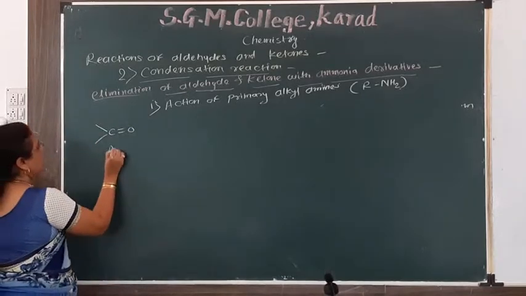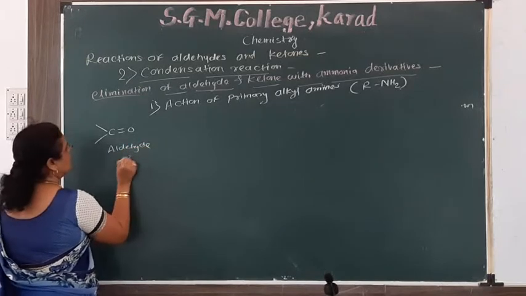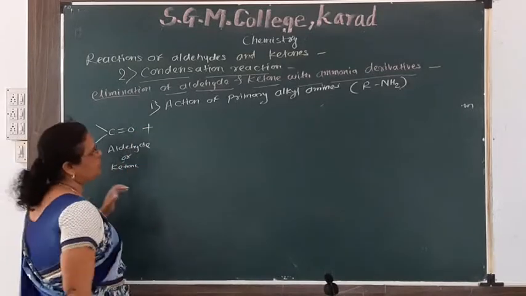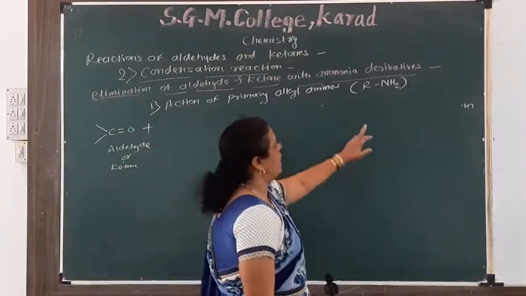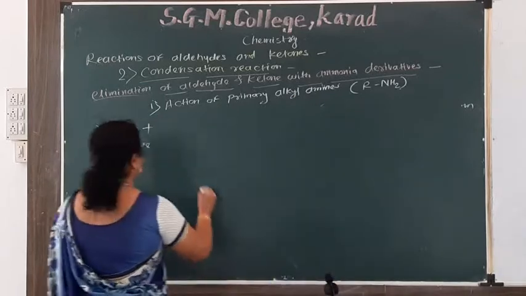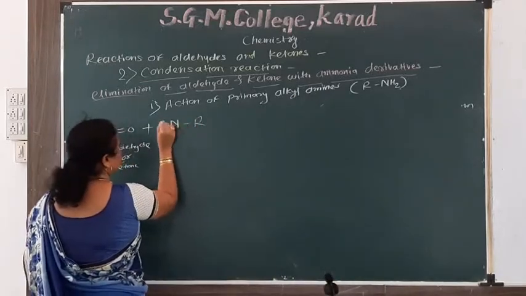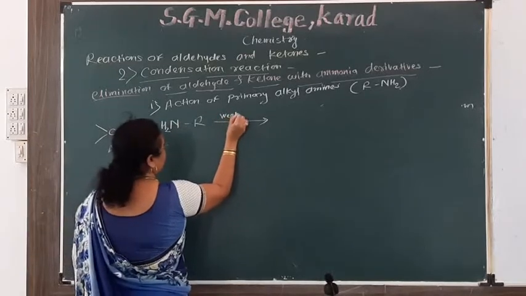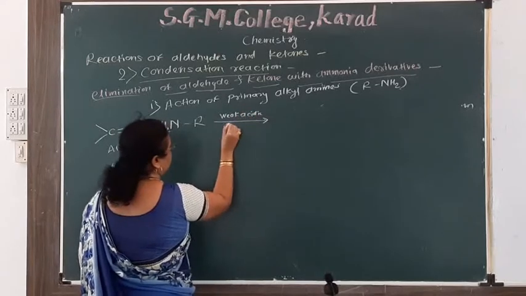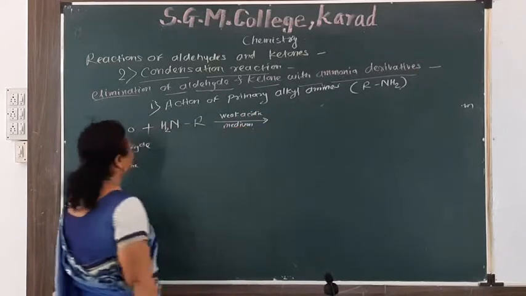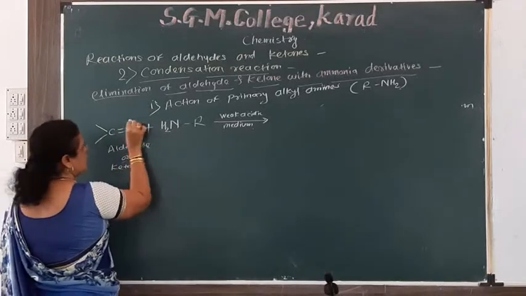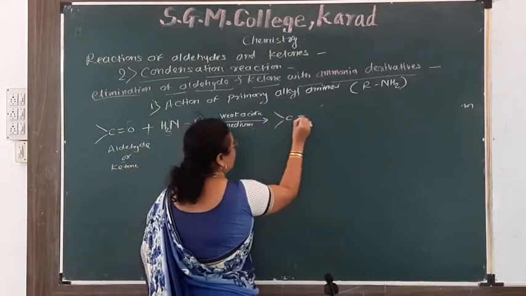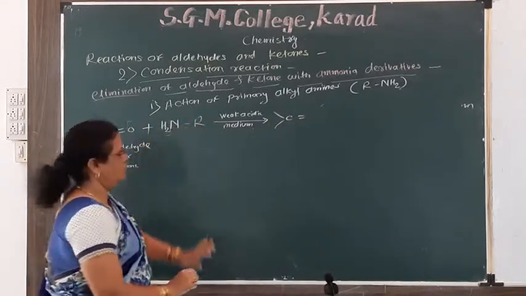Aldehyde or ketone treated with primary alkyl amine, that is RNH2, in presence of weak acidic medium. Then this water molecule is removed and we get here C=NR.